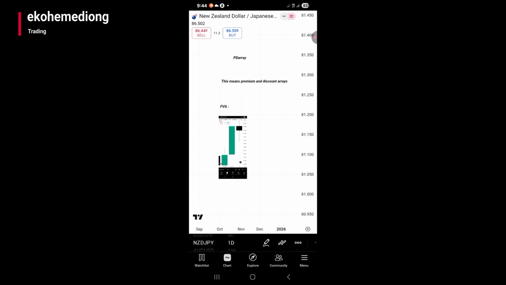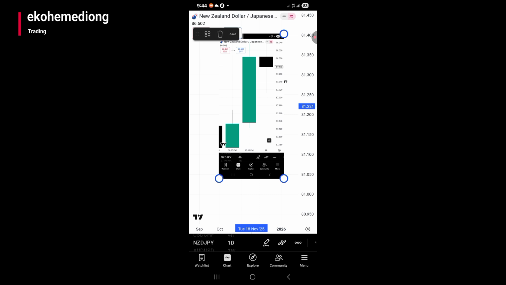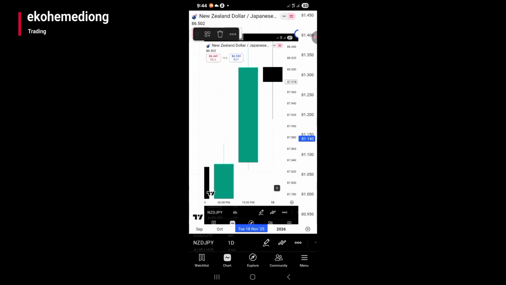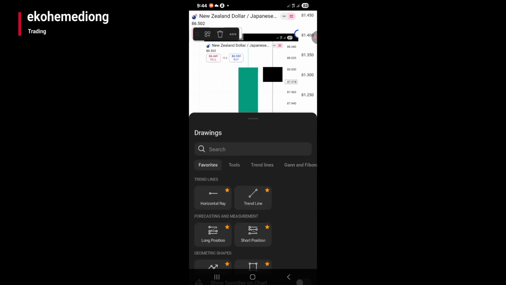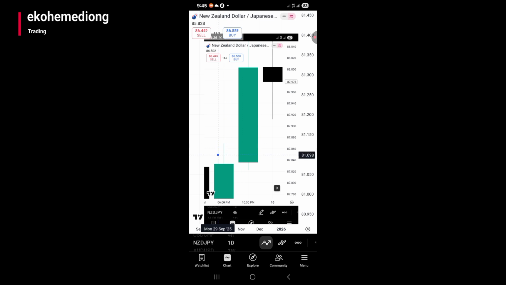We have the initial candle, which is the first candle. Let me expand this so that you can see. I just screenshotted this so that I can use it. This is the first candle. I call it the initial candle, or you can call it anything. And then we have the expansion. The next candle must be an expansion candle, so that we will have this gap right here.